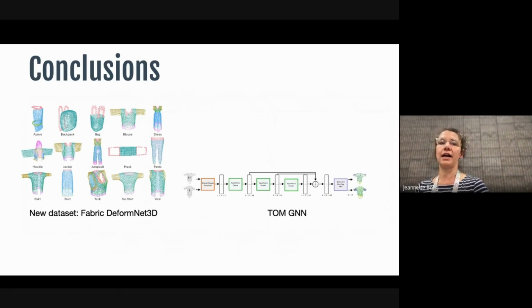But I think you could also use this data to do other tasks, because it's already connected to this DIDO PyBullet simulation task, for example. So we're going to release all of this open source so that you can play around with the methods that you have, or even define new tasks. And then we also proposed this TOM-GNN network that combines topological and geometric information to be more robust and better at part segmentation.